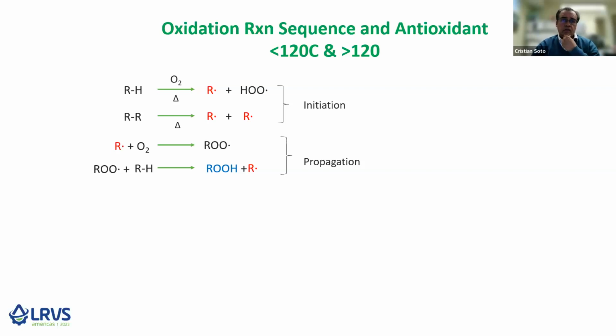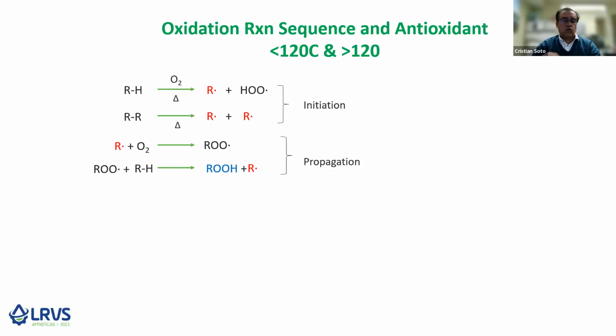There could also be, under the right thermal conditions, breakage of the carbon-carbon bonds of the main chain of the oil molecules, resulting in two radicals. These radicals then interact with oxygen, forming a peroxy radical.